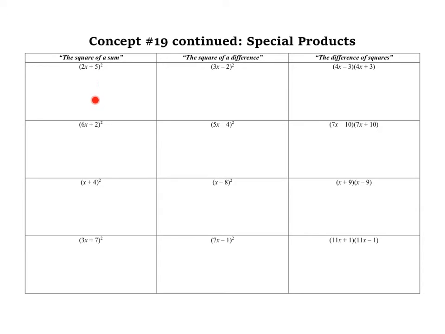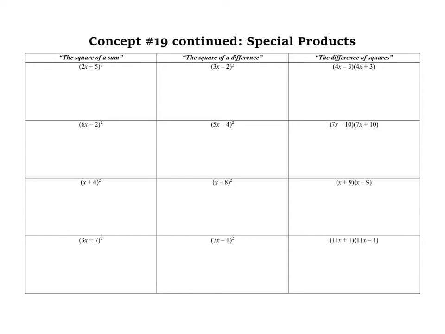If you look at the first column, these are all the square of a sum, because these are addition problems, and they're being squared. This column is called the square of a difference, because they're all subtraction problems, and they're being squared. And then we've got the difference of squares.